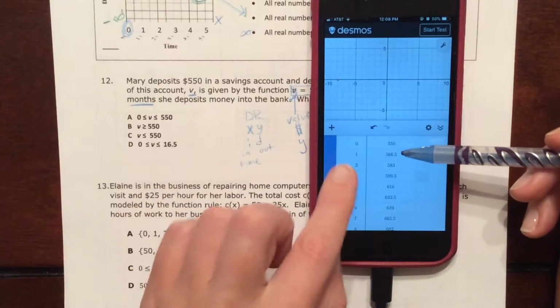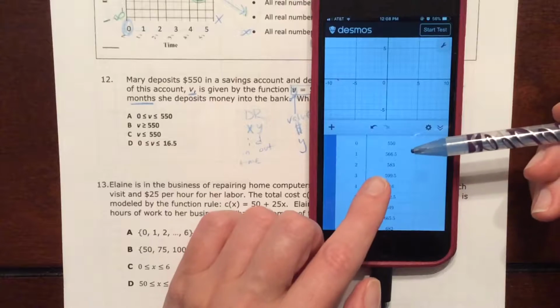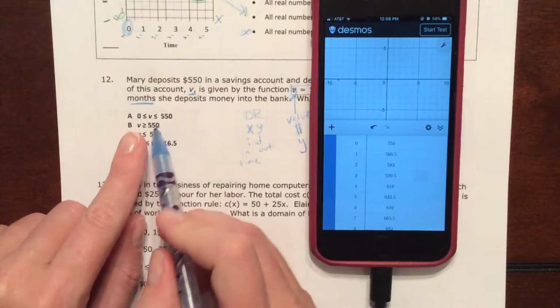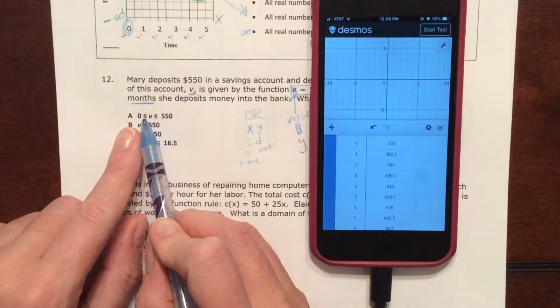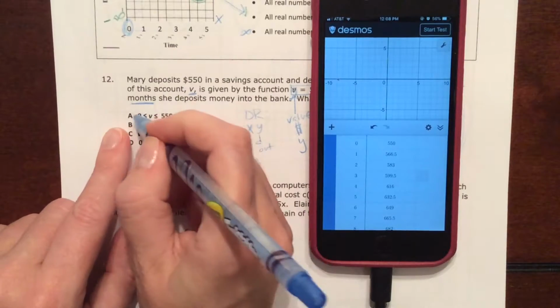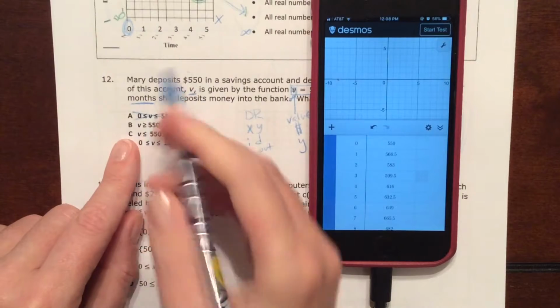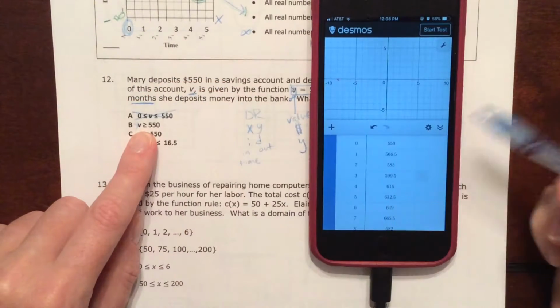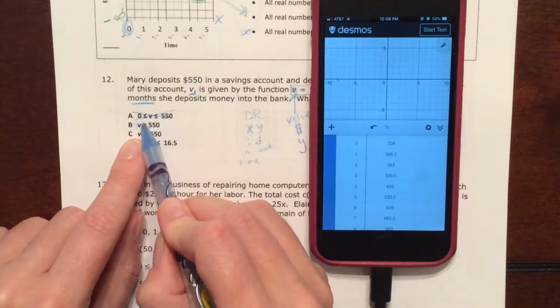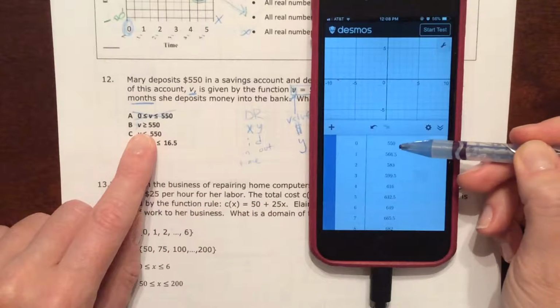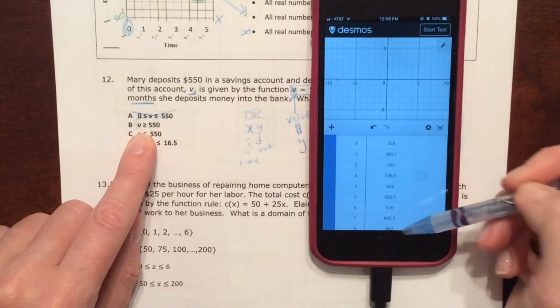So what I want to do is keep looking at my Y column and then look at these answer choices. In my Y column, am I going 0 to 550? No. In my Y column, are all of the values greater than, bigger than, or equal to 550? There's equal to 550, and these are getting bigger.